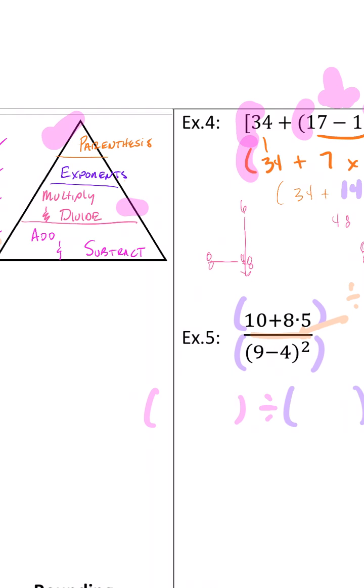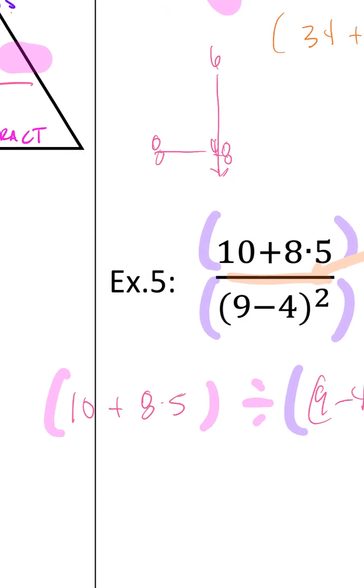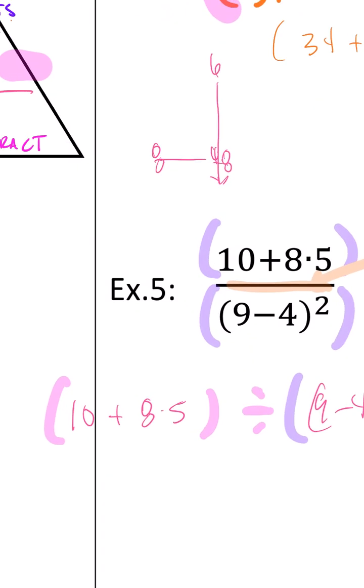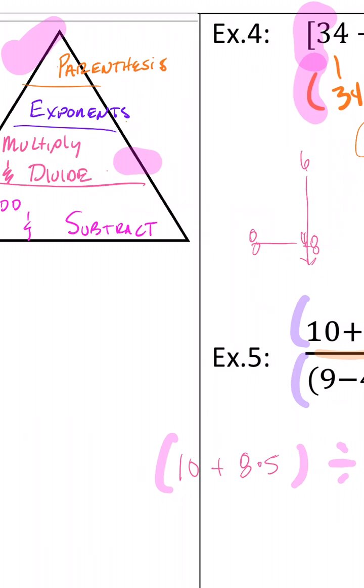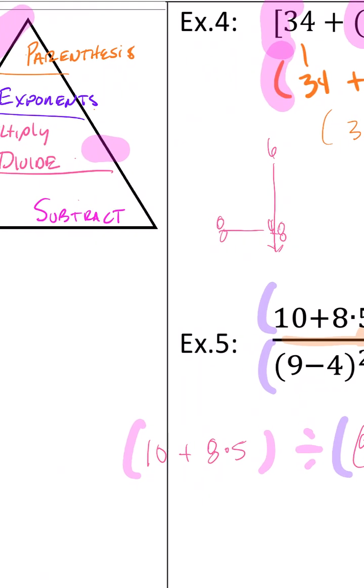Okay, so I'm going to write it out. I have 10 plus 8 times 5 divided by 9 minus 4 quantity squared. When I look at this, I'm going to take care of the multiplication first because I'm doing the order of operations, right? I'm going to multiply before I add. This is add, this is multiply.